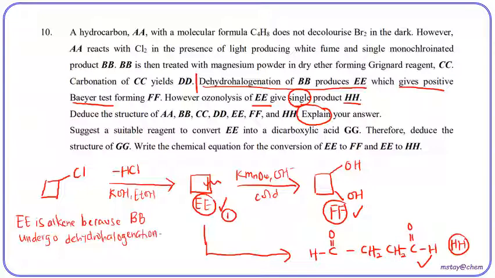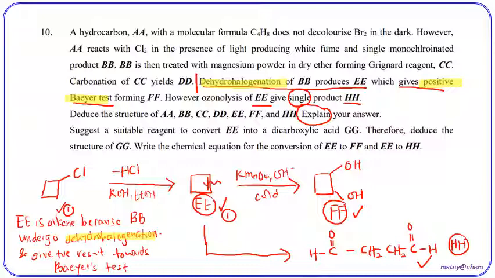So again, you can see that the word dehydrohalogenation is the one that you get from the question as well. Okay. Or you may say that it will give a positive result towards the Bayer test. So EE is alkene, another 1 mark here.